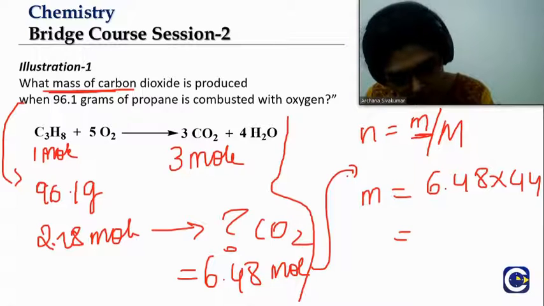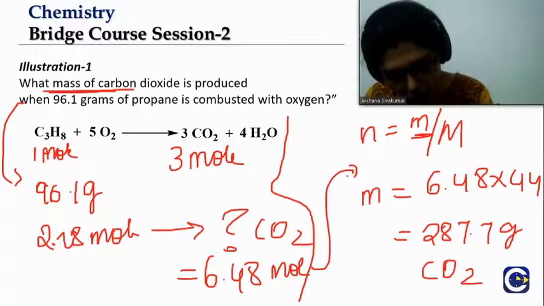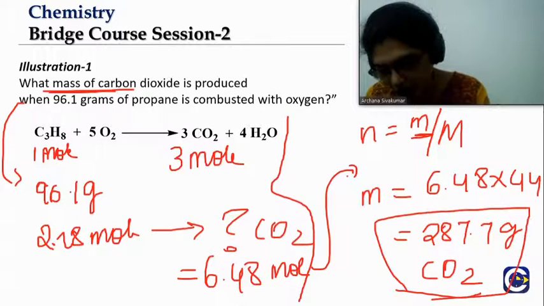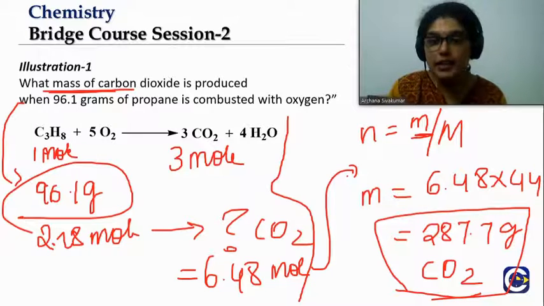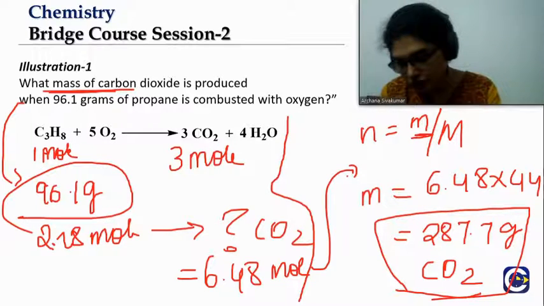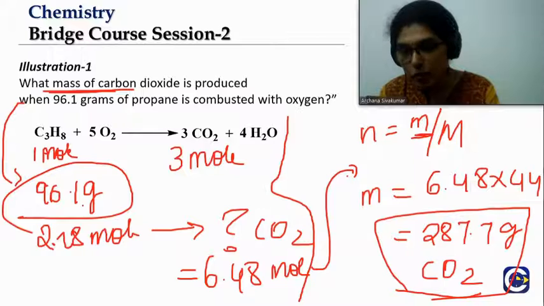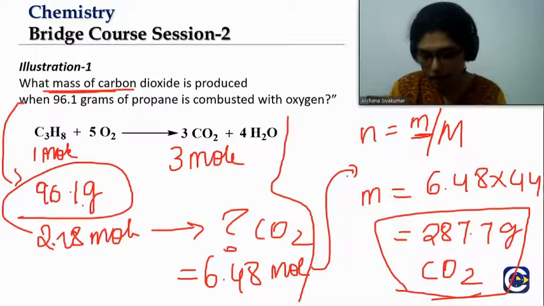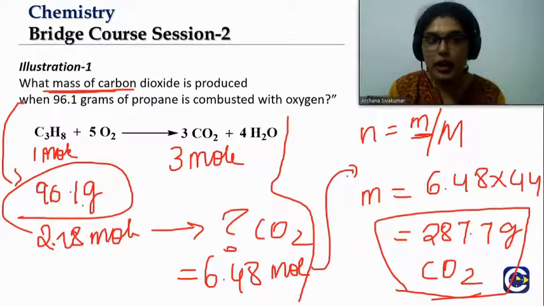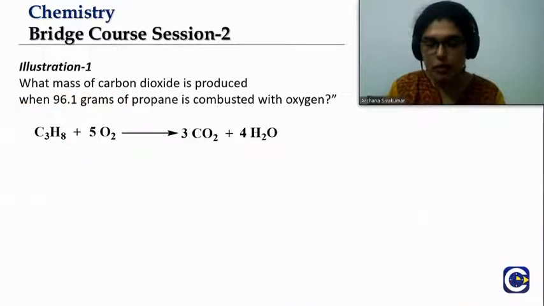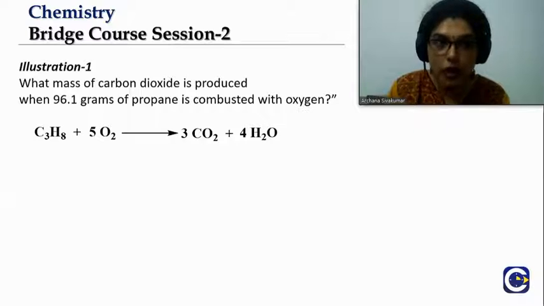I'll get 287.7 grams of carbon dioxide gas, which is what will be released when 96.1 gram of propane is used. When 96.1 gram of propane is taken, it will release 287.7 grams of carbon dioxide. So this is how we find it.